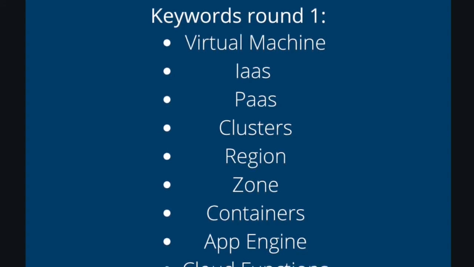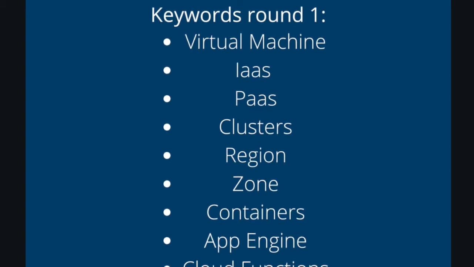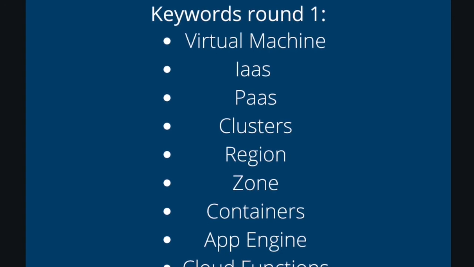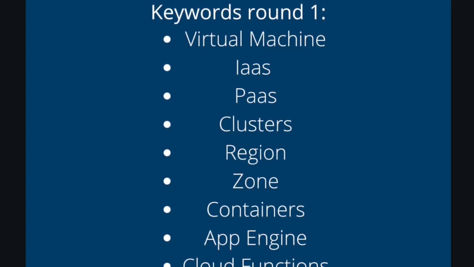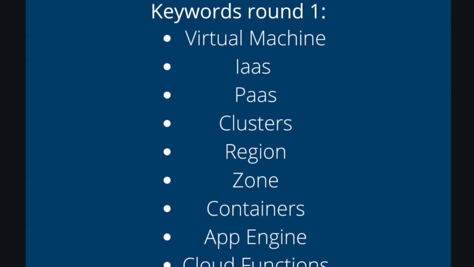Keywords, we've got virtual machine, also known as a VM. It's the basic building unit of any compute resource. We'll learn how to make these and what you need to make these in a minute. We have IaaS, which is infrastructure as a service, and this is where you rent the actual infrastructure that's in the cloud's data center. Remember from the last video, the cloud is an actual data center.